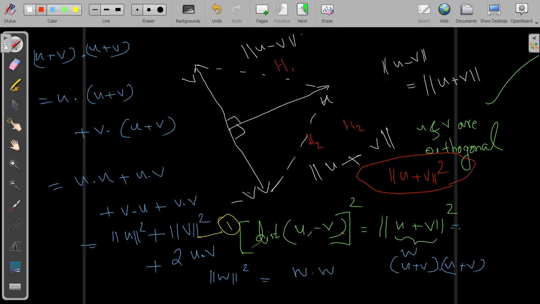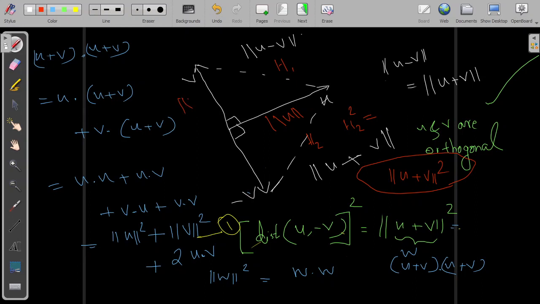So hypotenuse square is equal to norm u square, because norm u means the distance or the length of the vector u, plus norm v square.